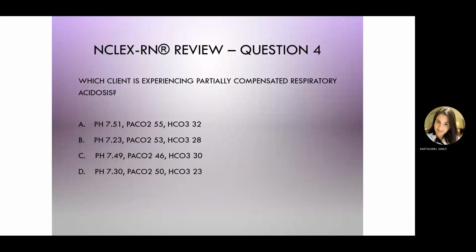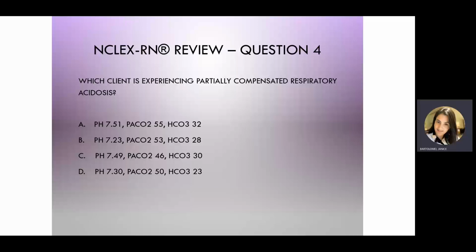So automatically, I delete this one because my pH needs to be less than 7.35 or somewhere around there.